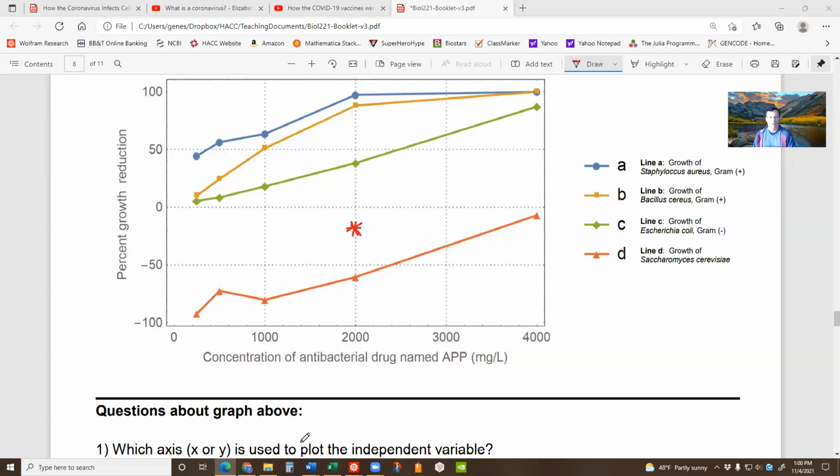Okay, so all right, before I come back to Falashadi's question, folks, do you have any questions about the answer to number 10? The fact that Saccharomyces cerevisiae actually had its growth stimulated, not reduced.